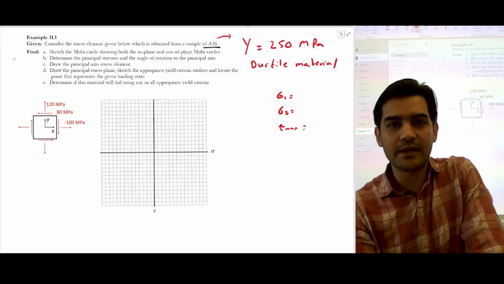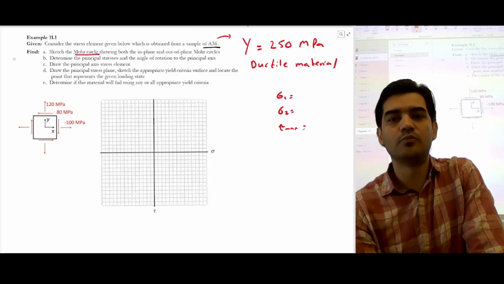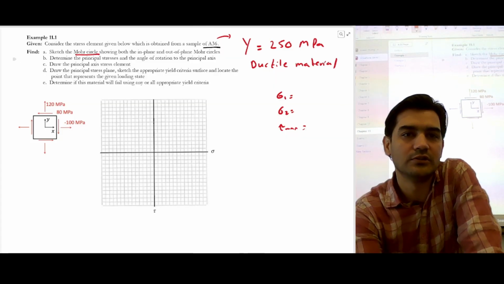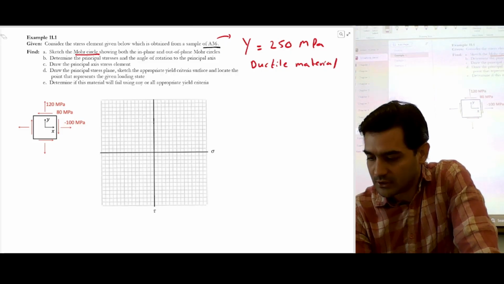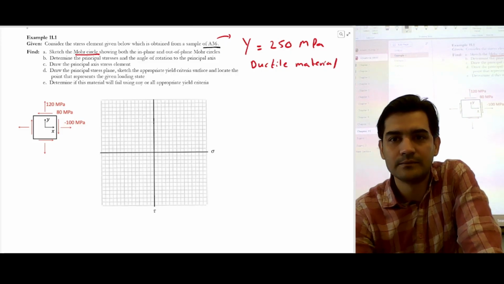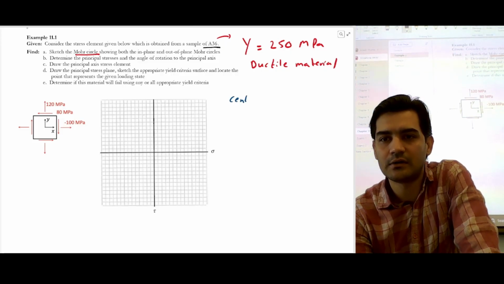So first step is draw Mohr circle. So we can just draw Mohr circle. In order to draw Mohr circle, we need two things, right? We need the center and we need the radius.